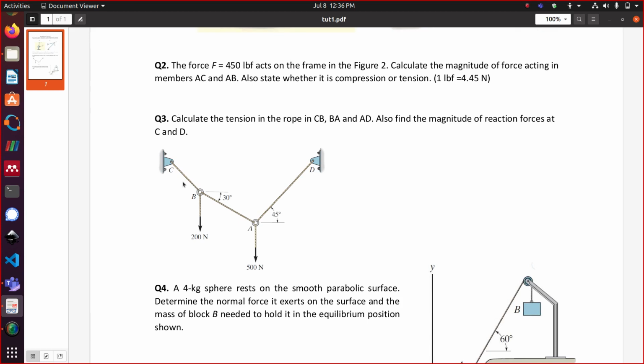you are being asked to calculate the tension in the rope CB, BA and AD. So you can see that there are valves on either side.